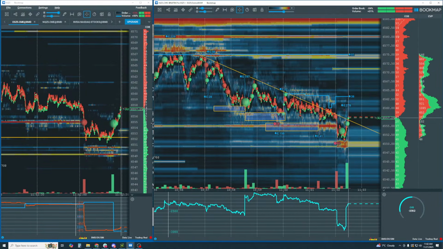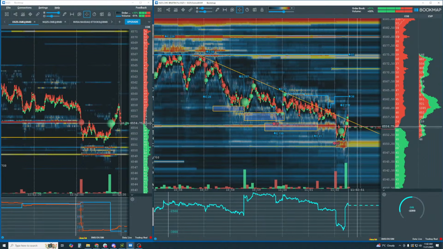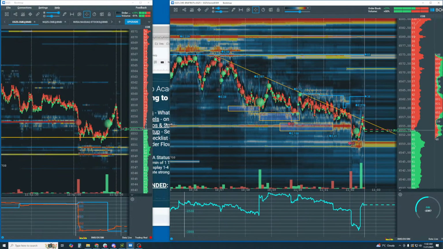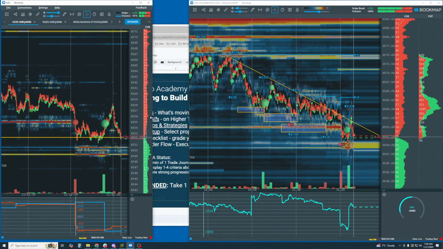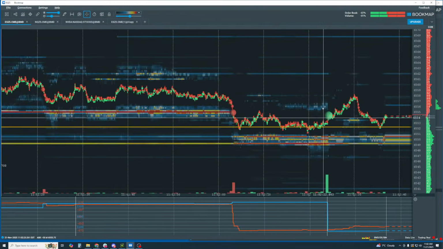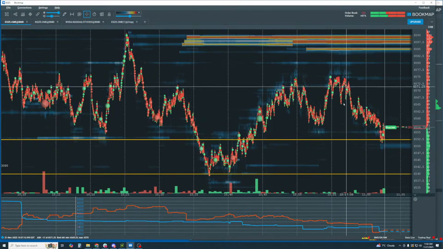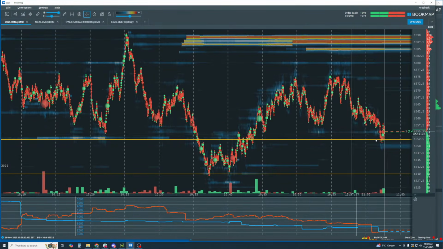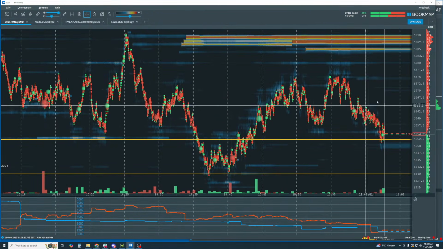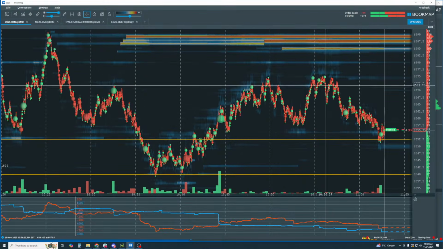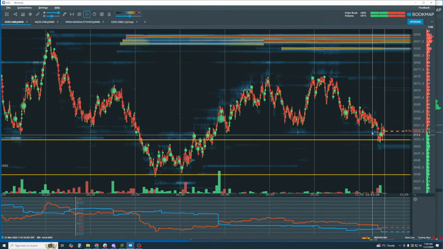So let's go back to this one then. I kind of prefer the subchart one more, to be honest. That's just me, because I like to see the clarity of the order flow here in Bookmap. All right, so here's our stop run.